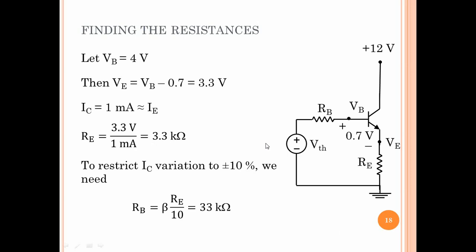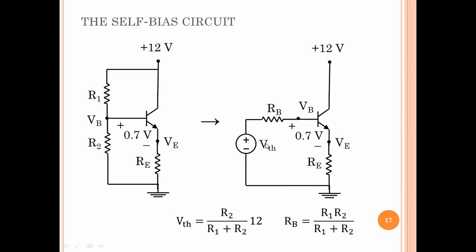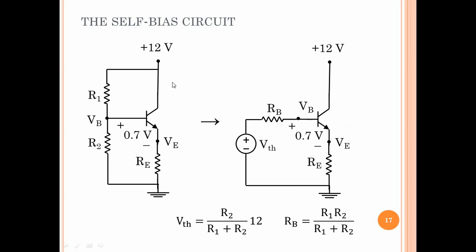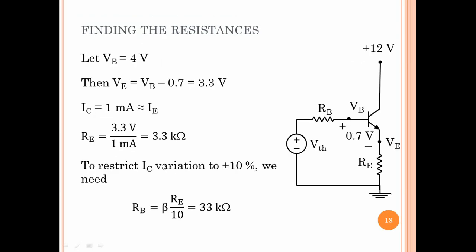Okay, so let's analyze. Again, there are many ways of analyzing this circuit. The way I've done it is one of the ways, which seems to be the simplest. We want VB to be 4 volts, so we'll design for VB to be 4 volts. Our job now is to find R1, R2, RE such that the three specifications are met. VB is 4, that is one of our specifications.